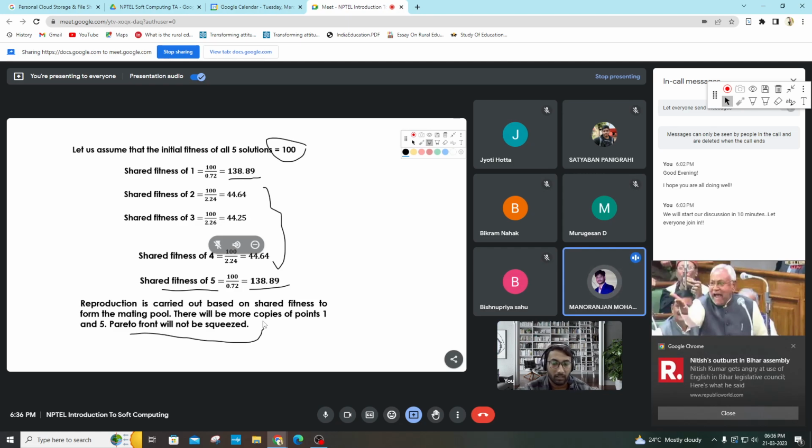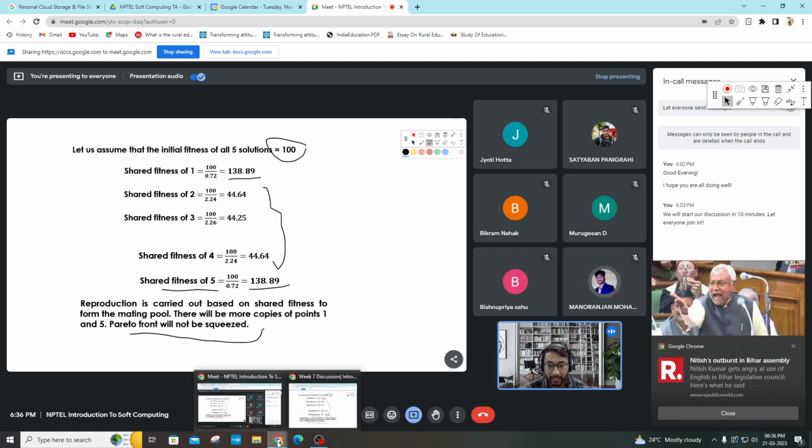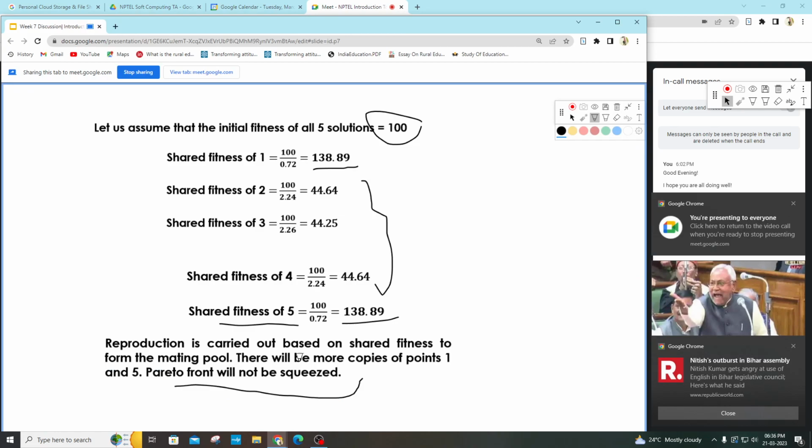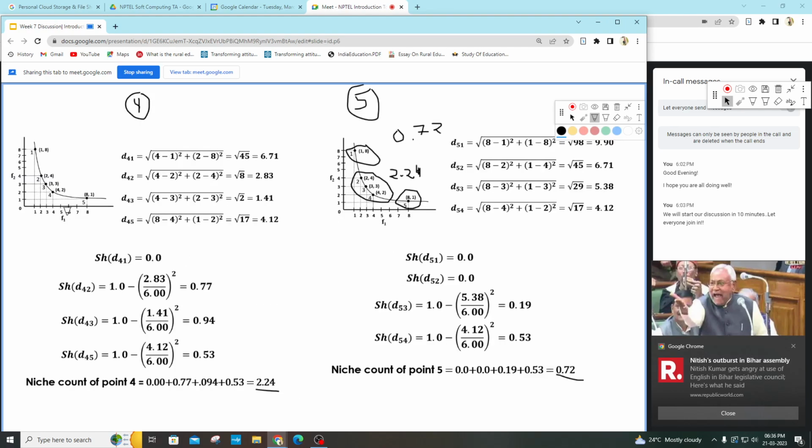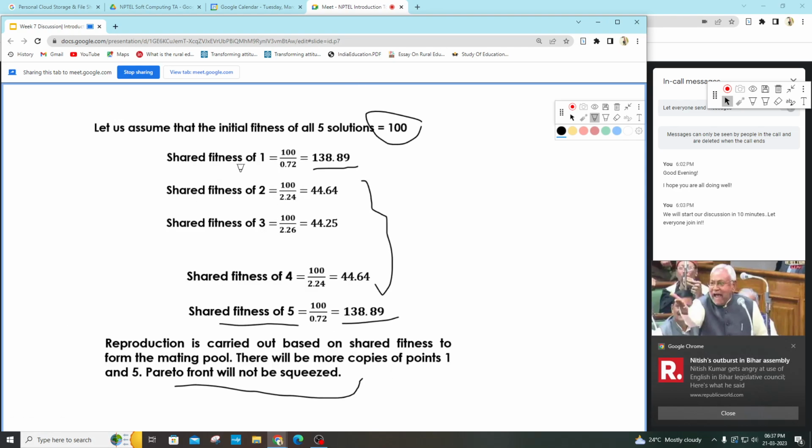No, sir. Okay, so this is the sharing fitness concept in NSGA-I. What happened in NSGA-I is that there are some limitations. One is that the time complexity of NSGA-I is very high. Why? Because you can already see we have to do all these steps, right? We have to first find out the Euclidean distance, then sharing distance, then niche count, and then shared fitness.